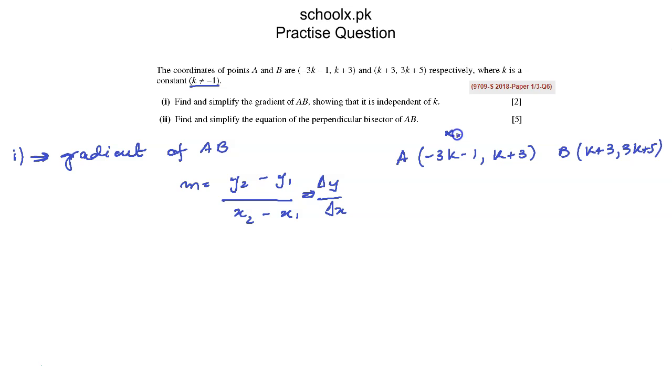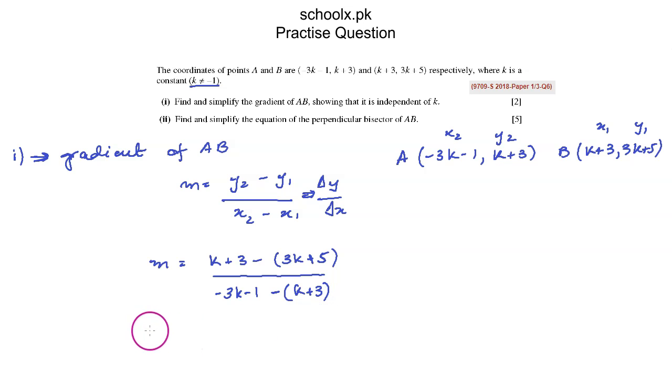Let's take this as x2, y2, and this as x1, y1, or we can take it the other way round. Now we just plug in the values. y2 minus y1 is 3k + 5 minus (k + 3), over x2 minus x1, which is -3k - 1 minus (k + 3).